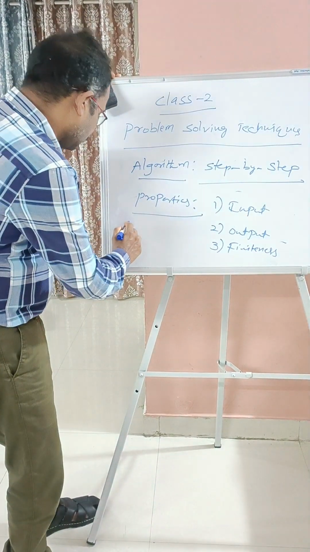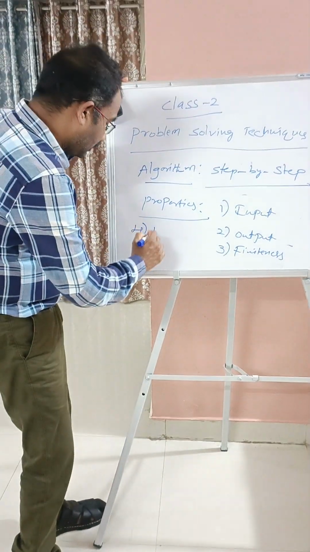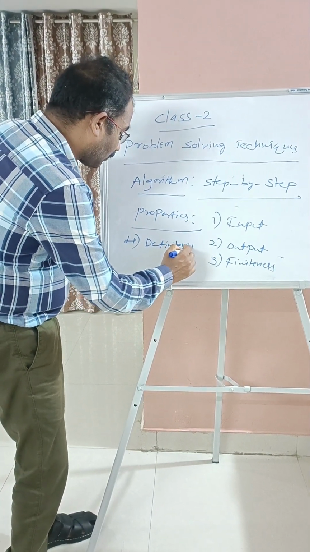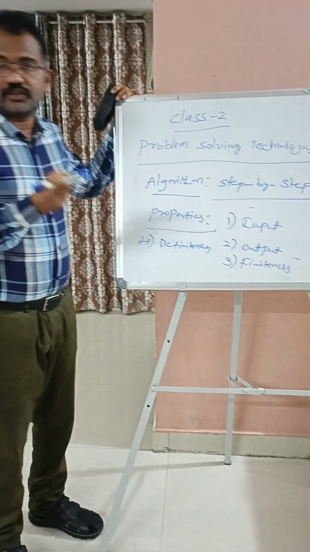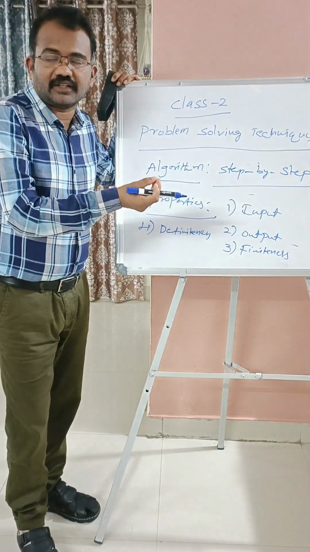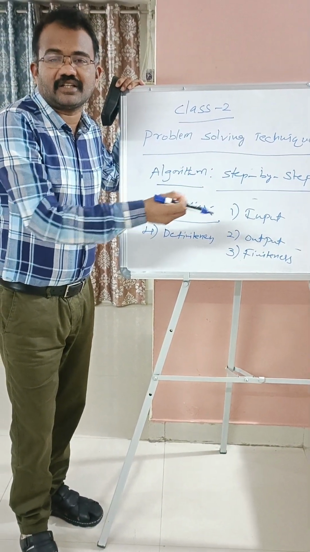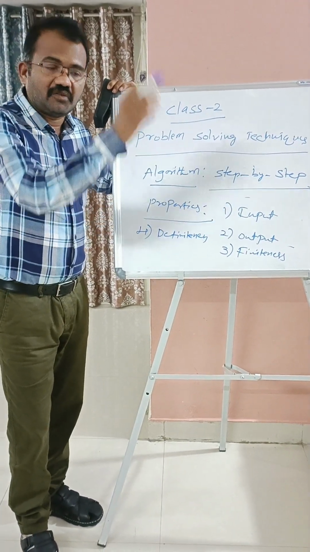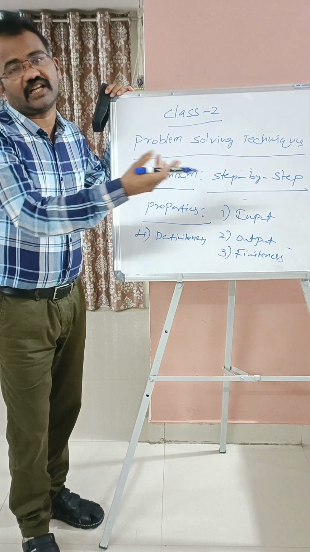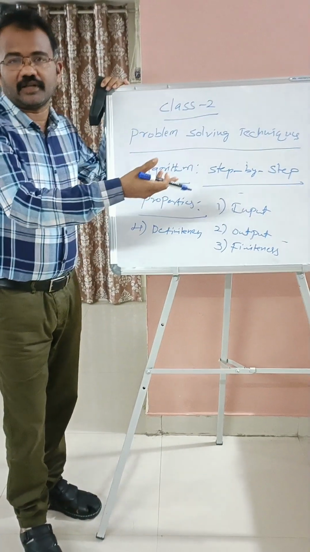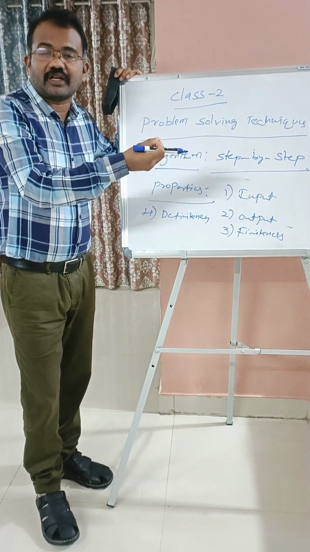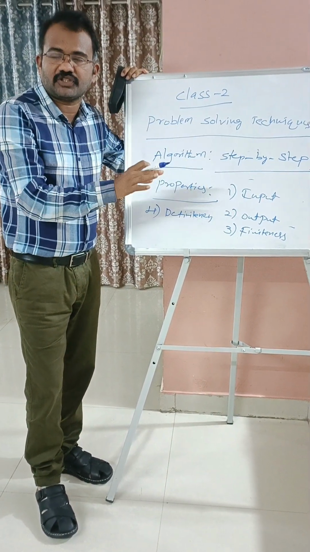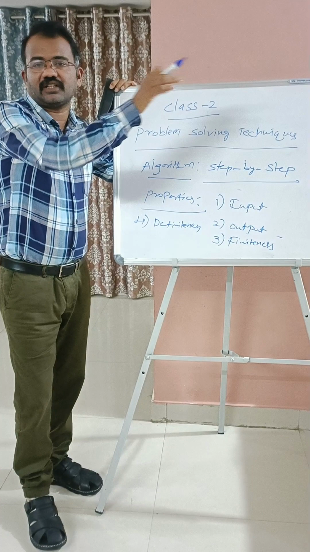Next, fourth one, definiteness. Whatever algorithm we write should be easy to understand. It must not contain any ambiguity. If it contains ambiguity, it will not satisfy the user.